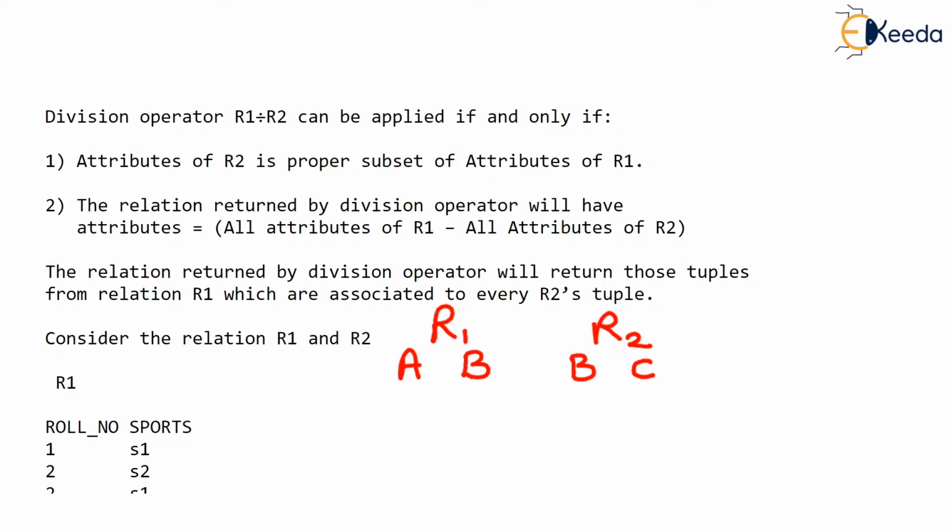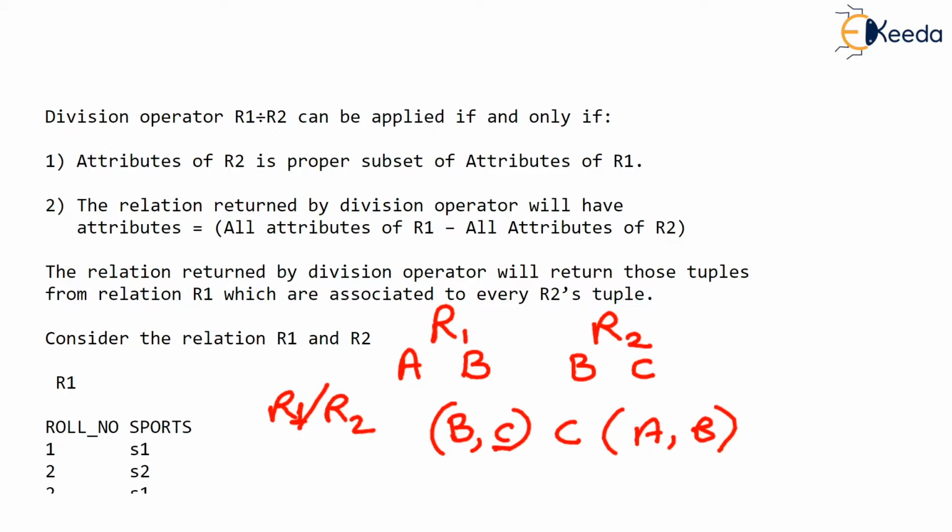No is the answer. Straight away, it is not possible. Because what are the attributes of R2? B comma C. Is this a subset of the attributes of R1, A comma B? No, because this C is the odd man out here, which doesn't occur in the other set.